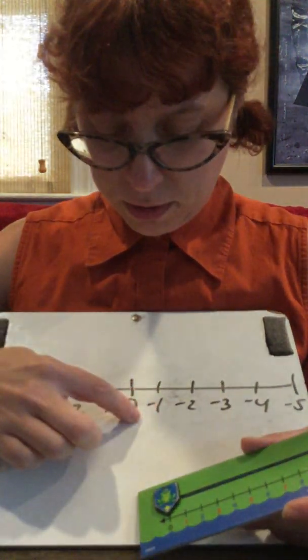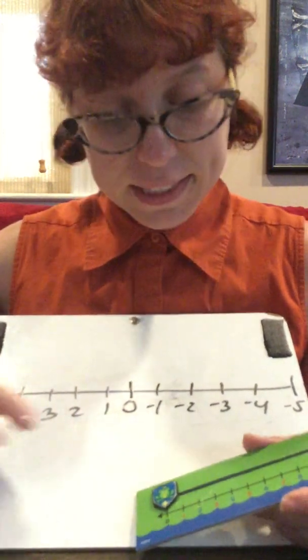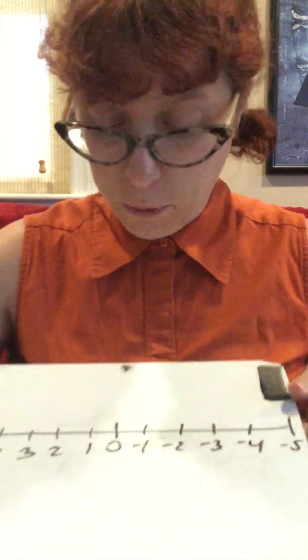So 1, 2, 3, 4, 5, 6, 7, 8, 9, 10, 11, 12, 13, 14, 15 degrees is 14. So it would be positive 14 degrees because we're on the positive side now. But the other way to think about it is when you add a negative and a positive, you're subtracting. You're just saying 15 minus 1.